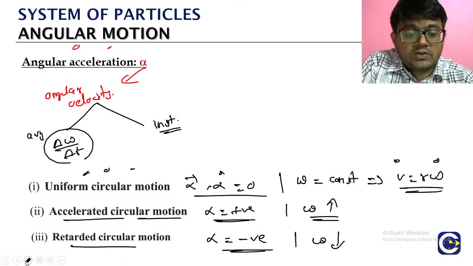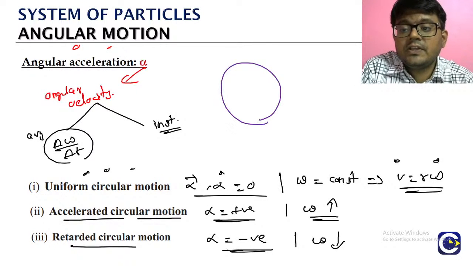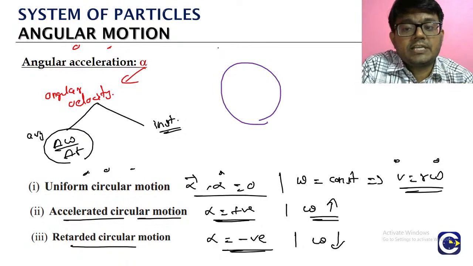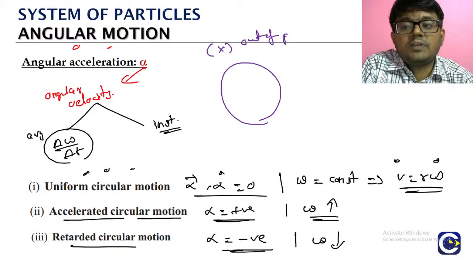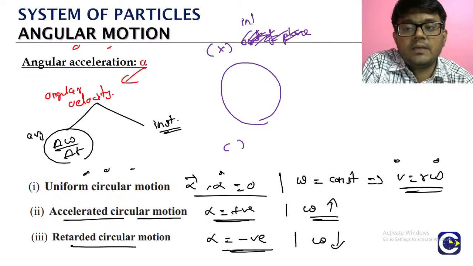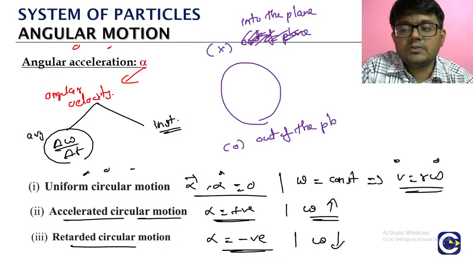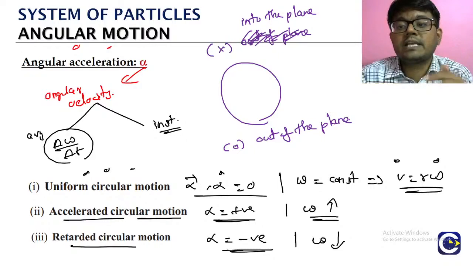If you have circular motion of a particle, we have only two possible directions: coming out of the plane, or going into the plane. A cross means into the plane, and a dot means coming out of the plane. So these are the only two possible directions.